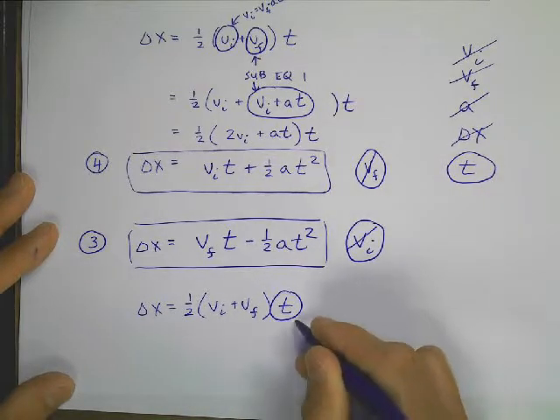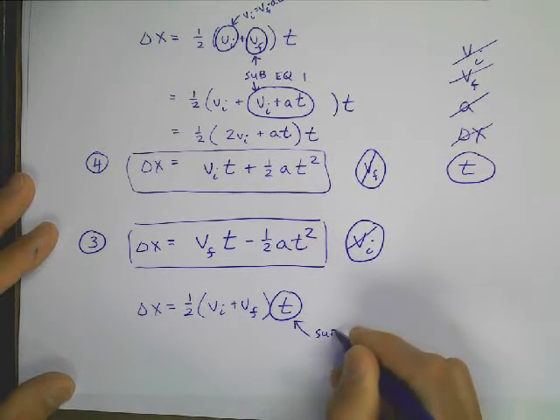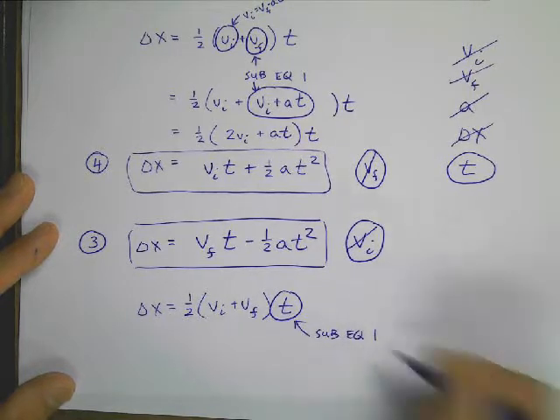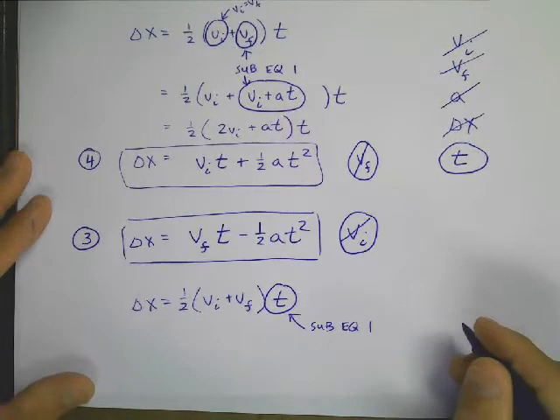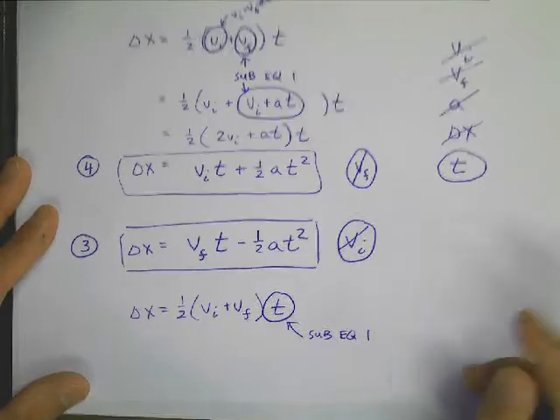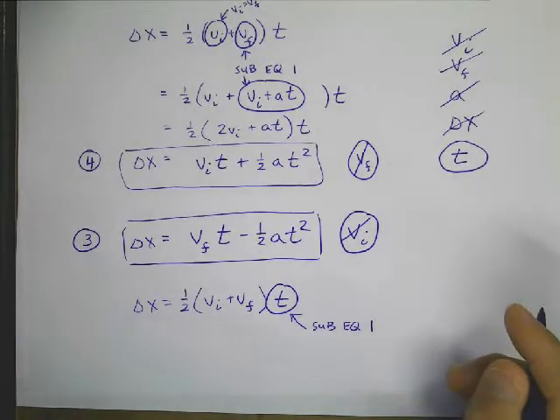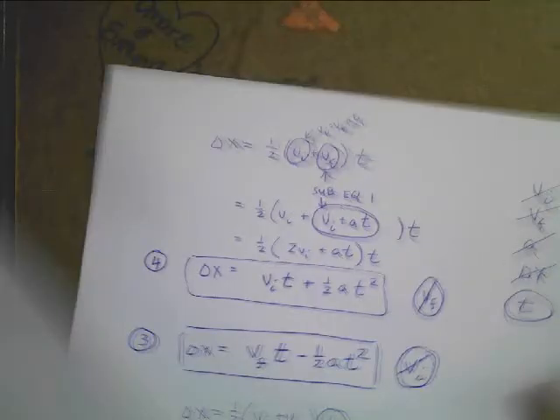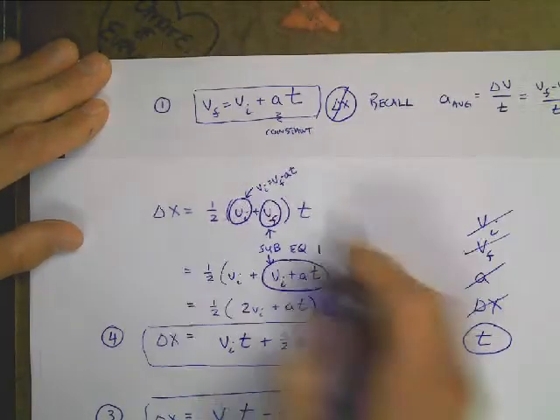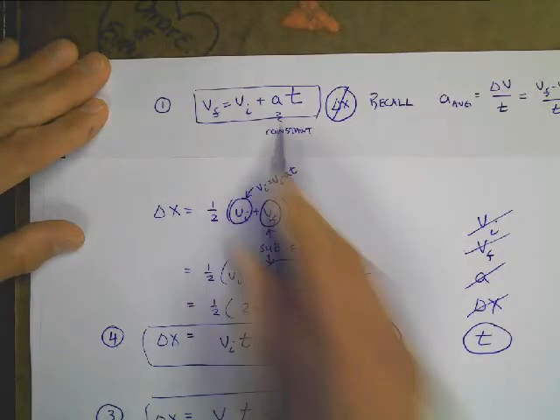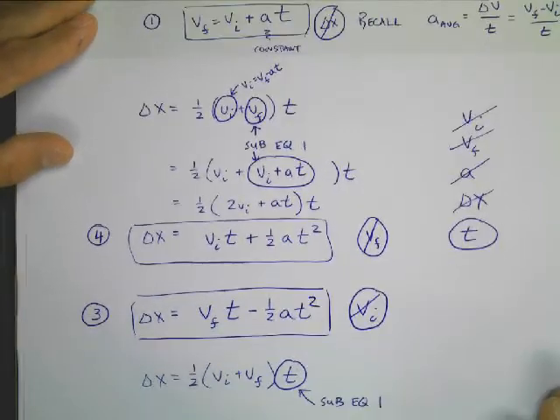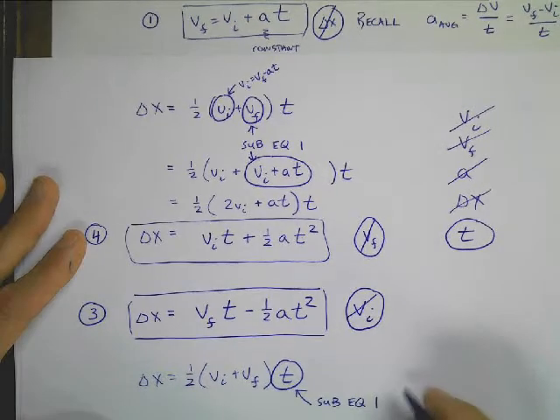If I substitute equation 1, that's going to work really nicely. Equation 1 is basically coming back again to this, and if you rearrange that, t is equal to v final minus v initial over acceleration.